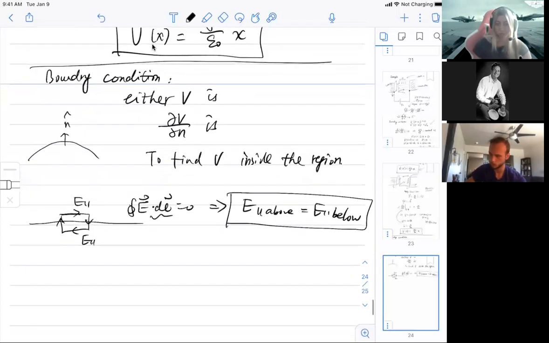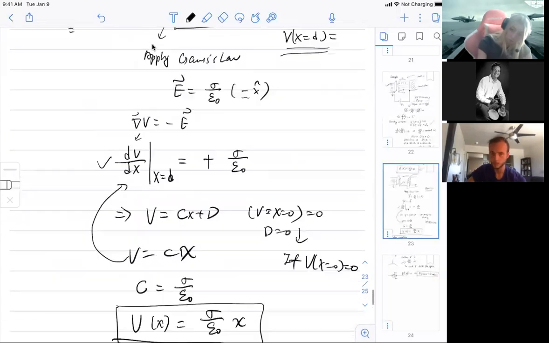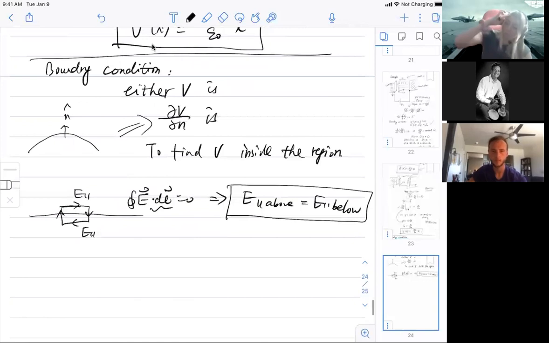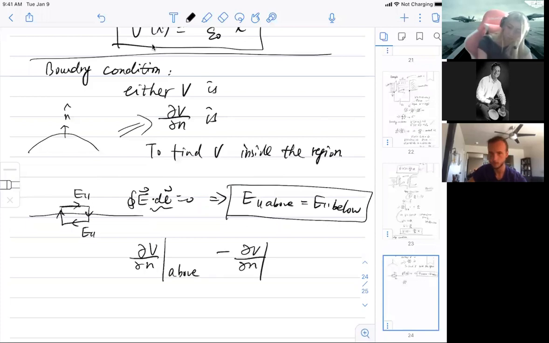Another boundary condition has to do with the perpendicular component. And a lot of times, instead of writing what the E is, they give you the derivative with respect to V. So another boundary condition is given in this format. The potential derivative with respect to n above a boundary minus this below a boundary is equal to negative sigma over epsilon.